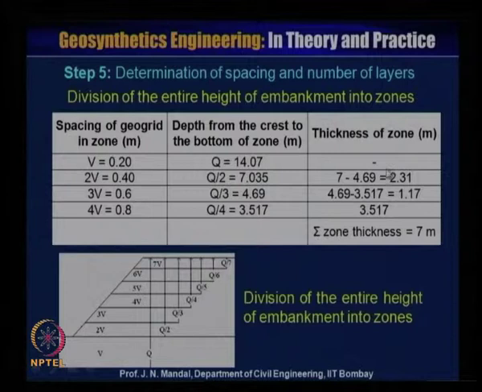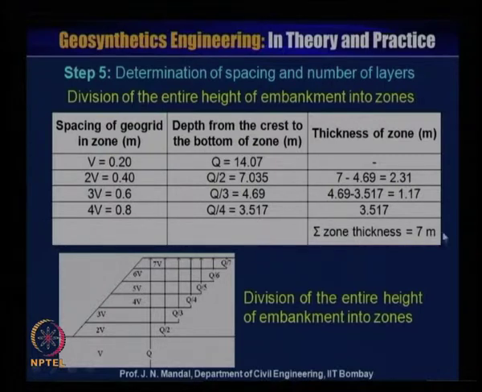3.517. So, now if you add this 2.31, 1.17 plus 3.517, it will give you the summation of the zone thicknesses, 7 meter. So, you have 7 meter. That is to say, the height of the slope is 7 meter.